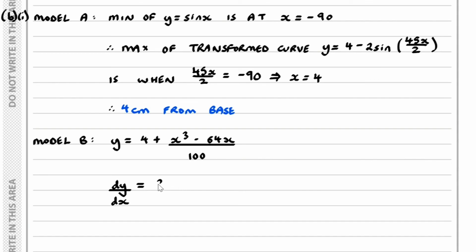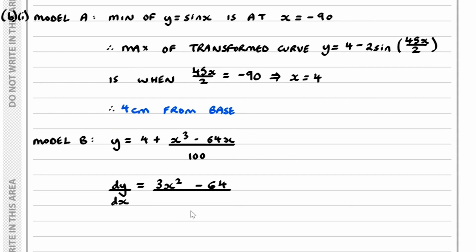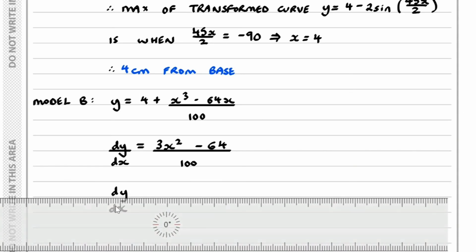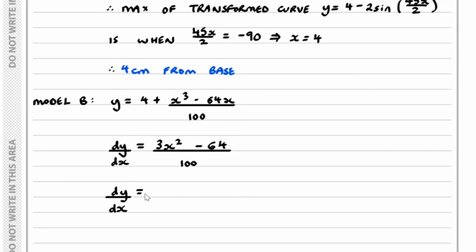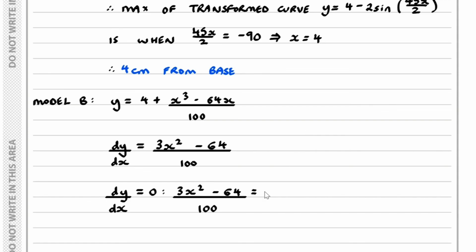Well, I'll end up with 3x squared minus 64 over 100. And now to find the x value at which this maximum occurs, I need to set dy over dx equal to 0. So using dy over dx equaling 0, I've got 3x squared minus 64 over 100 equals 0.